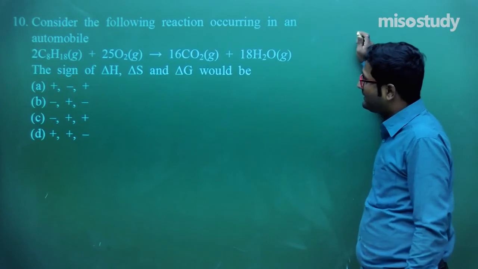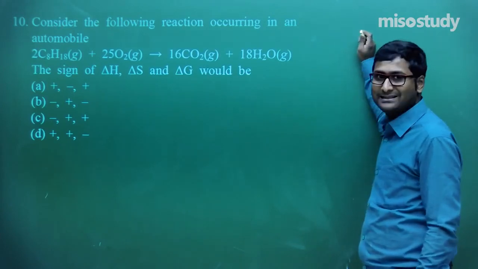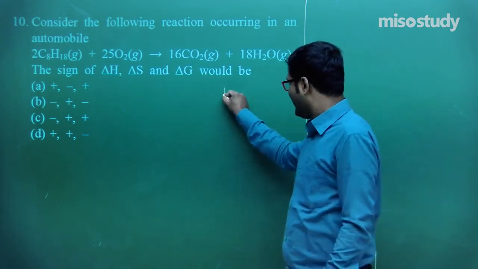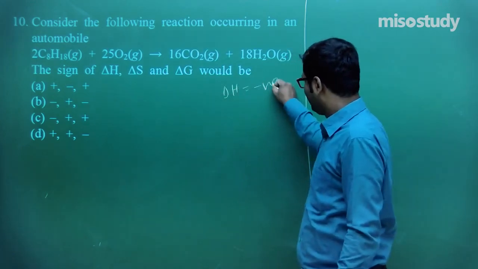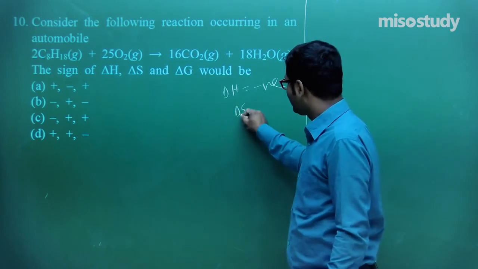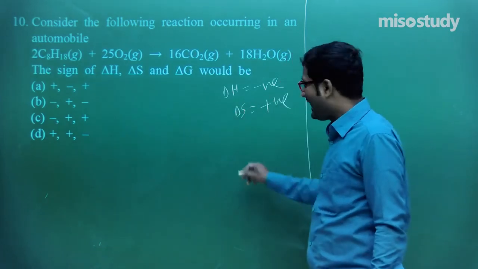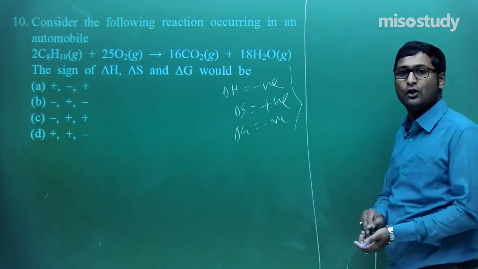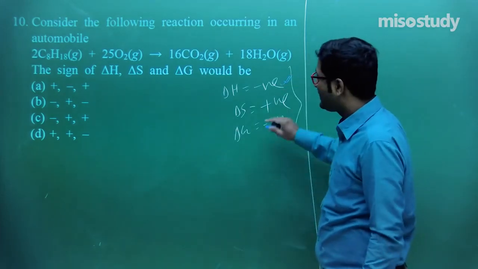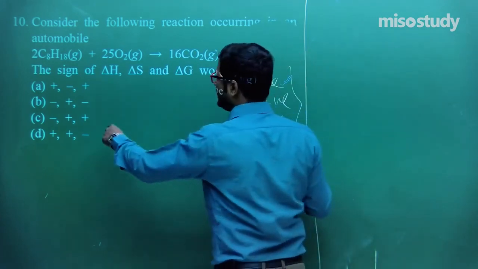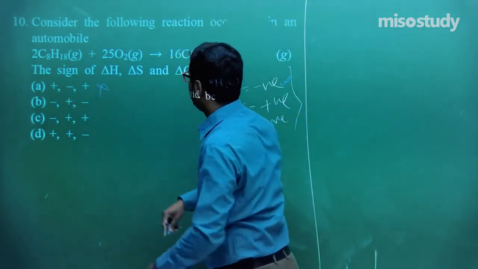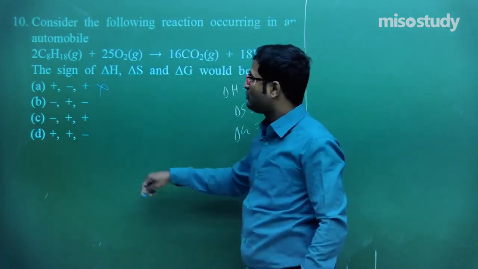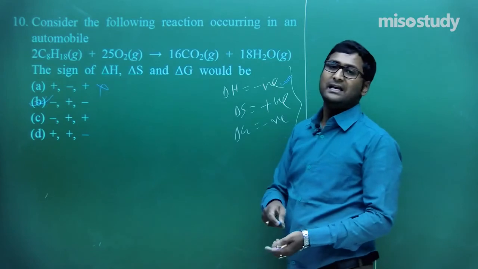We need the sign of delta H, delta S and delta G. We know if the process is spontaneous, then delta H is negative, delta S shows an increase in entropy, and delta G is negative. This is a completely theory-based question. Delta H positive is not a correct option. Delta H negative, delta S positive and delta G negative, so for this the option B is correct.